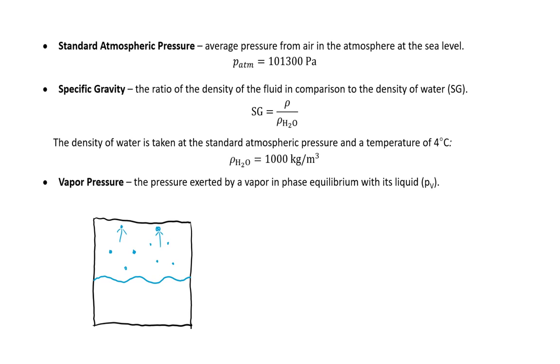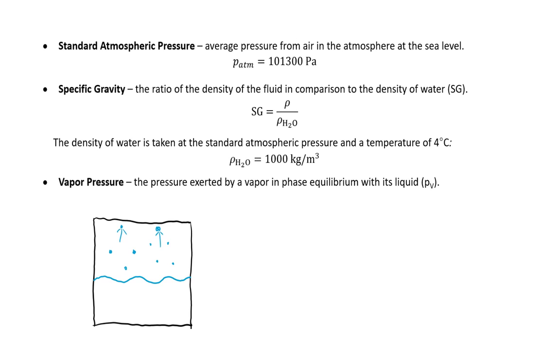Now we have specific gravity. Specific gravity is the ratio of the density of the fluid in comparison to the density of water. This is denoted by Sg here. Sg, the specific gravity, equals the density of our fluid divided by the density of water. Now the density of water, we know that, again, density changes based on pressure and temperature.